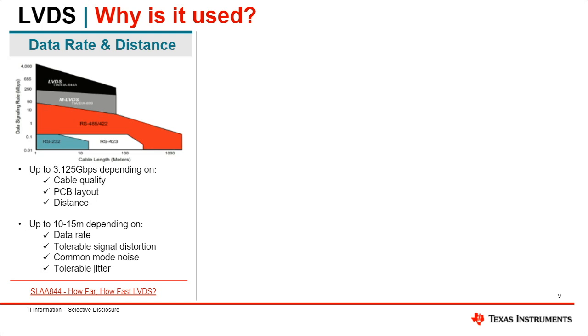And then you're also able to transmit up to 10 meters without any sort of buffering or redriving of the signal. And so, of course, these factors will apply, but you are able to get a good balance of data rate and transmission distance compared to some of these other standards such as RS-232, RS-422, and RS-485.